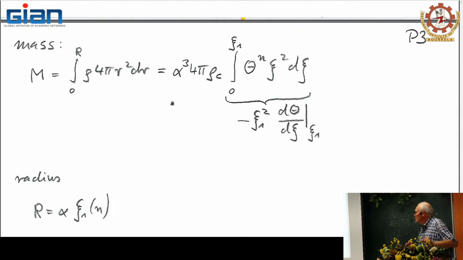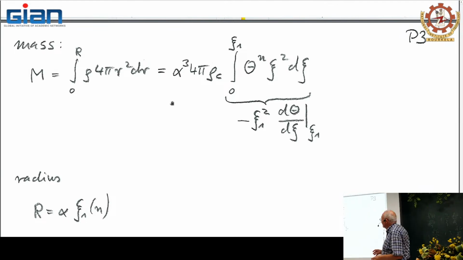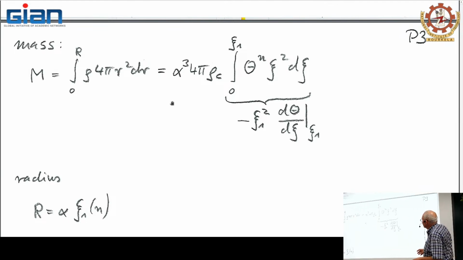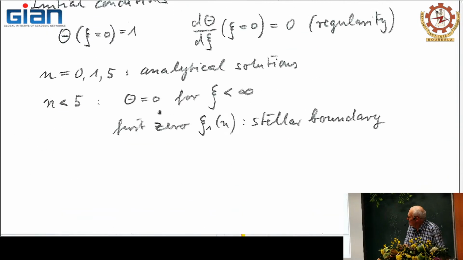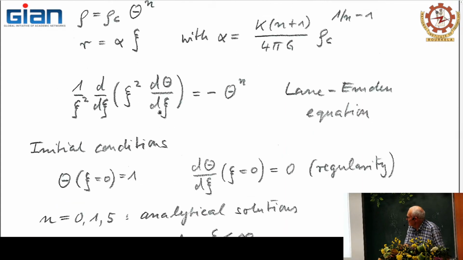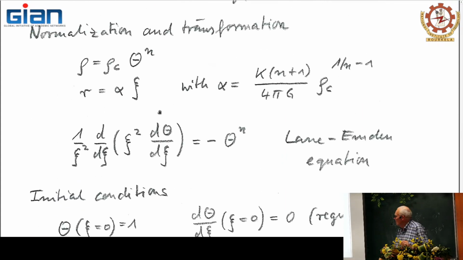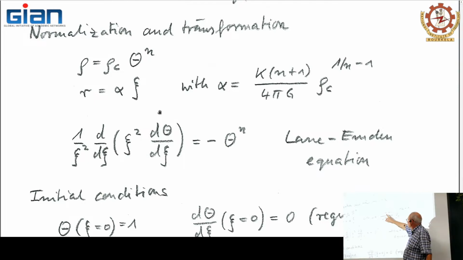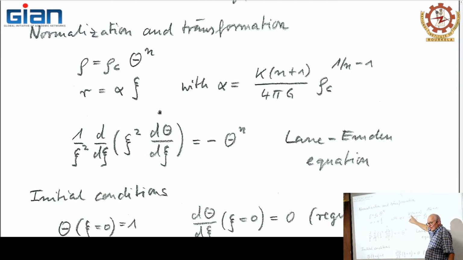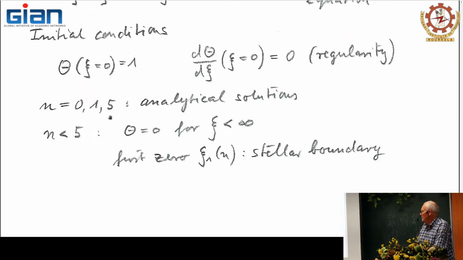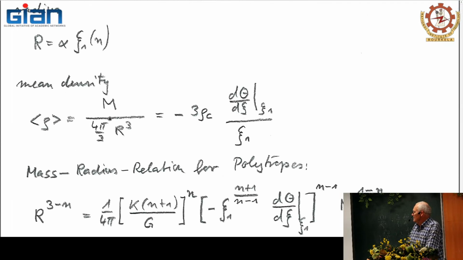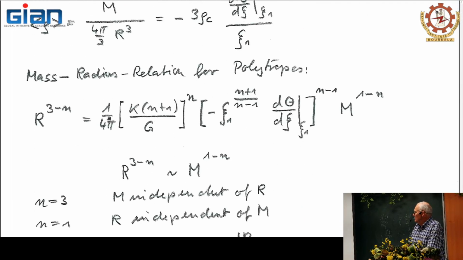This comes from here: alpha contains the polytropic constant and gravity, and this appears again in our relation between radius and mass.